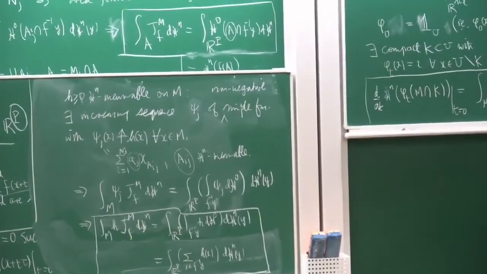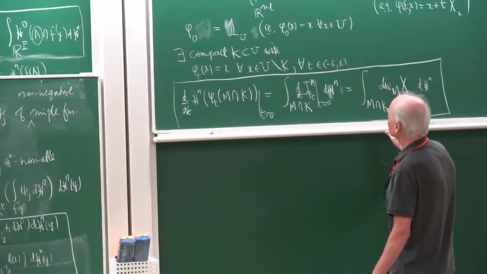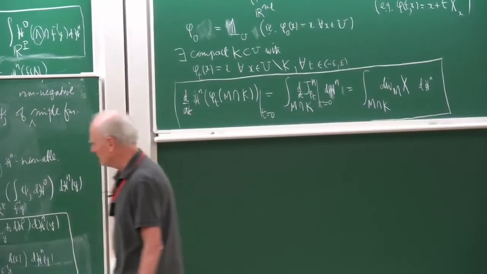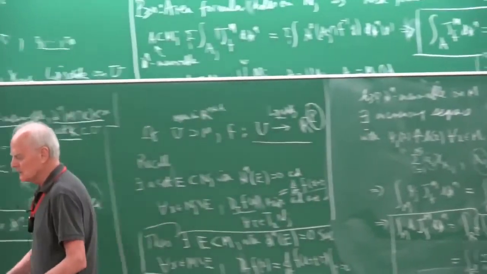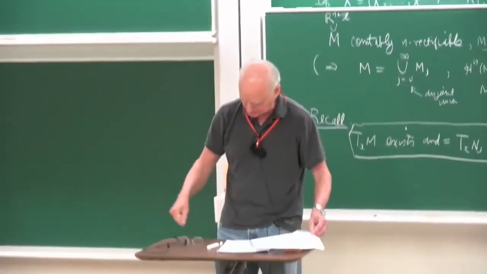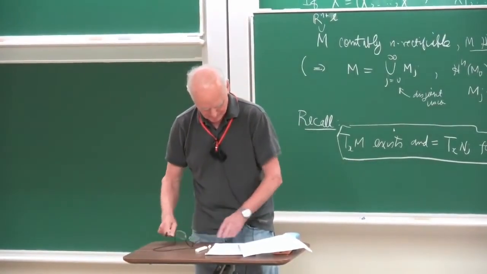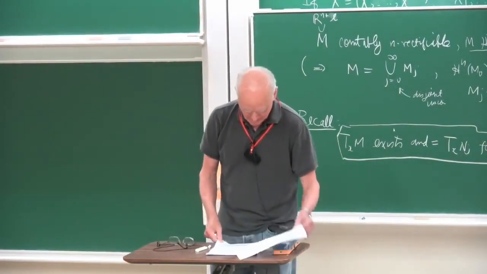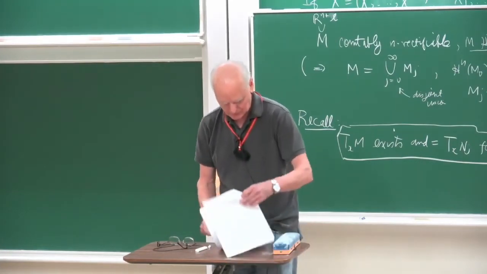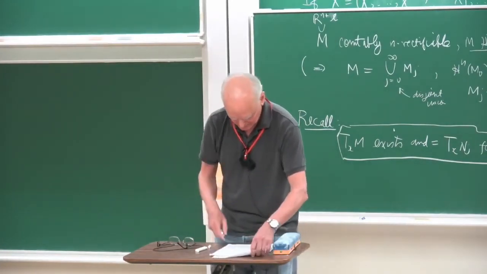Very useful formula. Okay, so that's our first variation formula, and that's the general area formula. I think that's all I needed to say about that general stuff. We'll come back to those results in a little while.